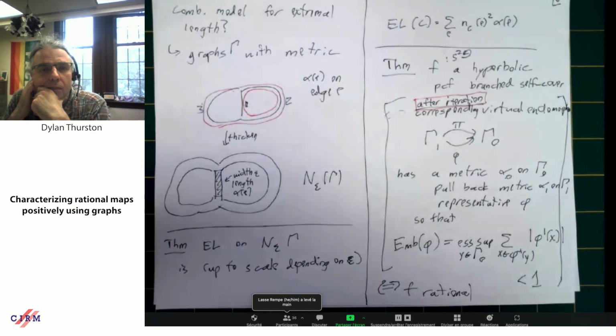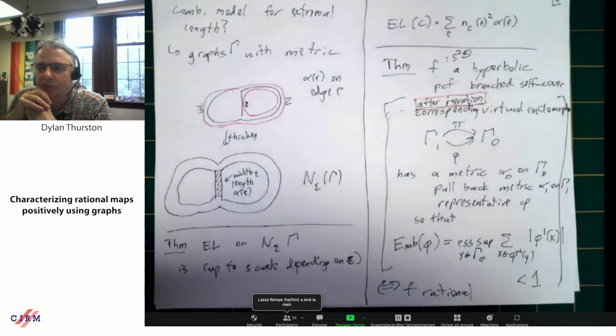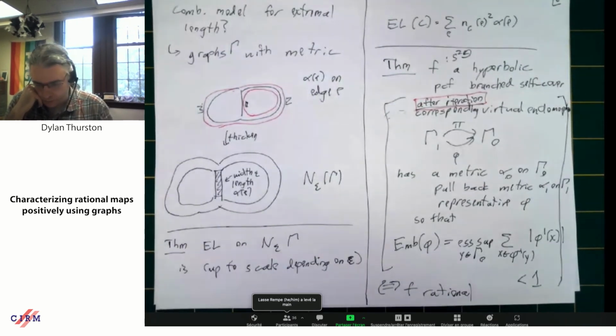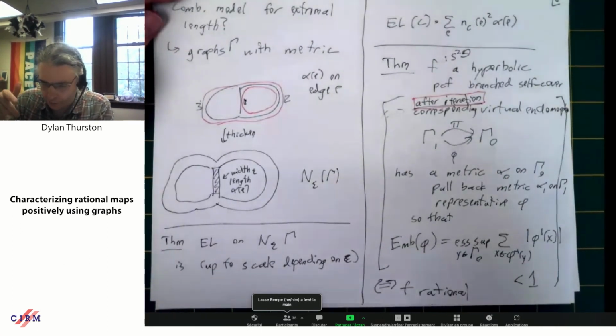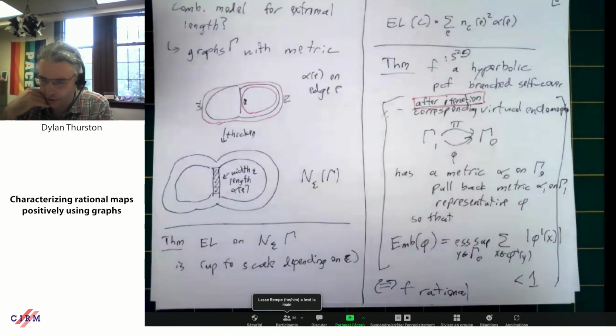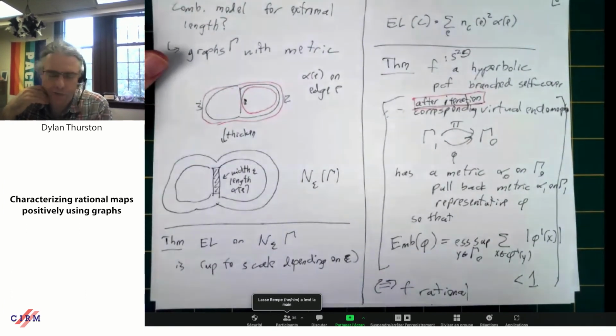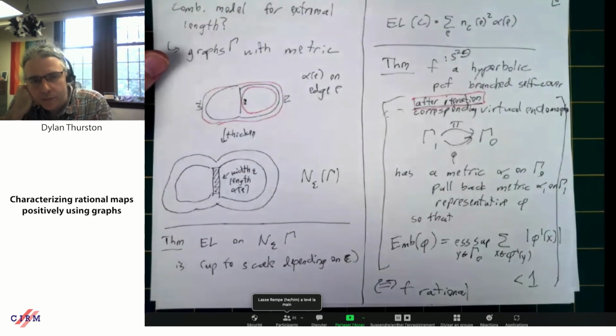I don't really know this work very well, but they also look at these expanding Thurston maps and when they are equivalent to rational maps. And for them, it was somewhat easier to find forward invariant curves, to find nice subdivision rules in the case when the Julia set was the whole sphere. That's right.